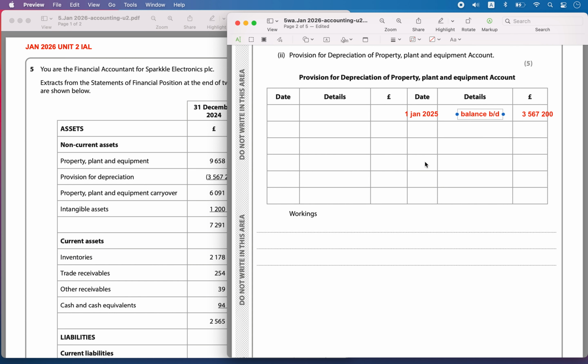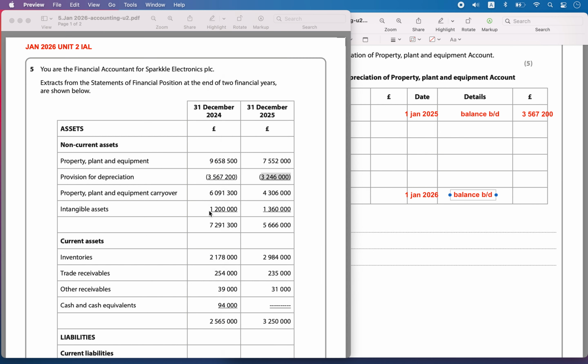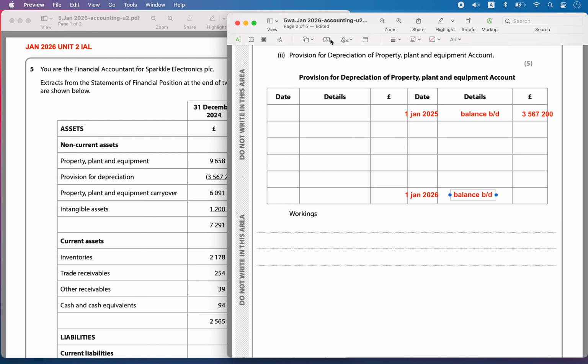Then we can also enter the ending balance here, that was on Jan 2026. The balance brought down was 326,000. So we will enter the balances.